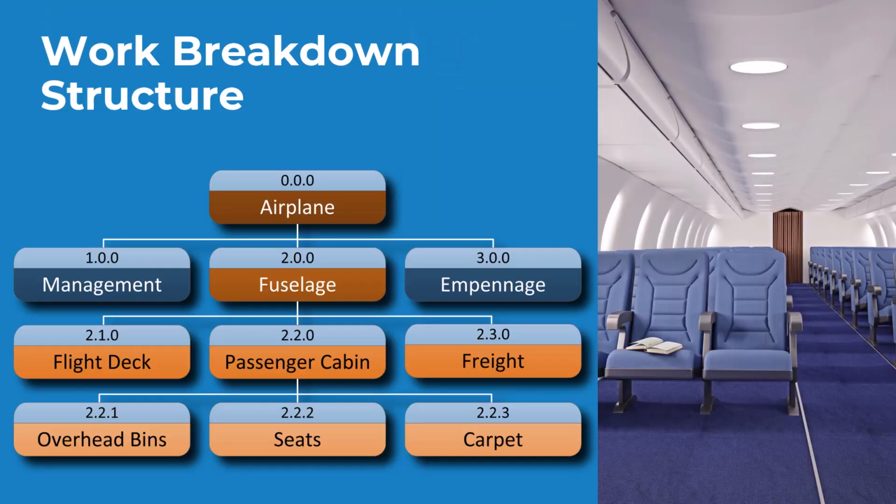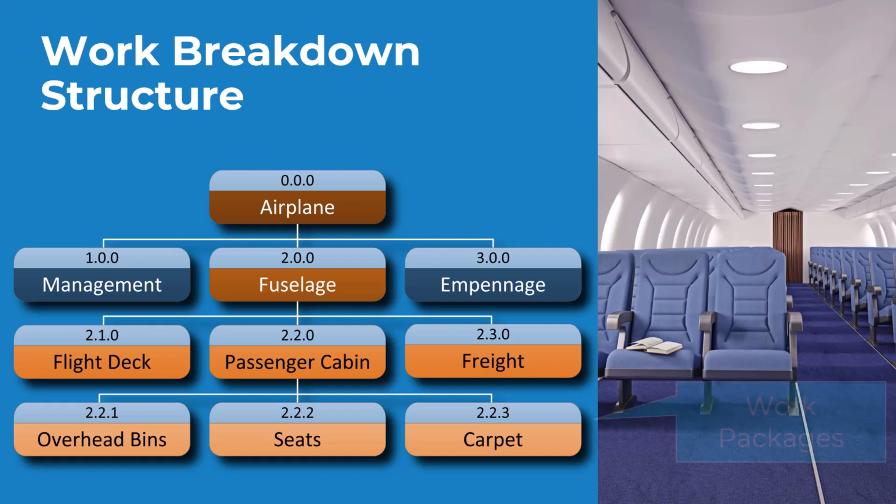Here you go, your team just decomposed the passenger cabin into the overhead bins, the seats, and the carpet. And these might be small and granular enough to be able to hand them over to a group to work on. And this means that we have now arrived at the lowest level in our WBS.